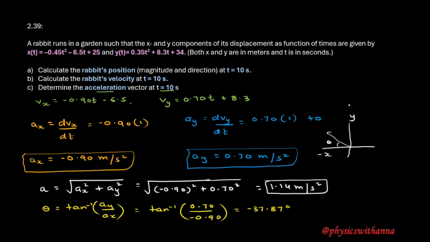Positive y-axis is taken as north. Negative x-axis is west. So you can say the direction of the acceleration vector is 37.87 degrees north of west, as the angle theta is starting from west here moving towards north.